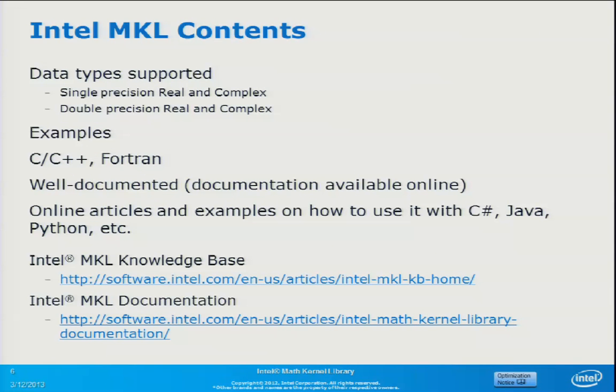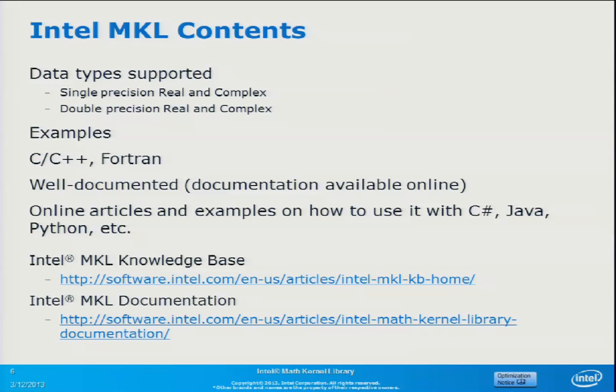Okay, we support that for, of course, all possible data types, single and double real, complex precisions. It's available for C, C++, and Fortran mostly. For some packages, the Fortran interface is the natural one, like LAPACK.